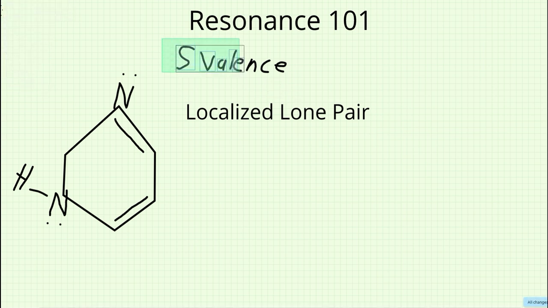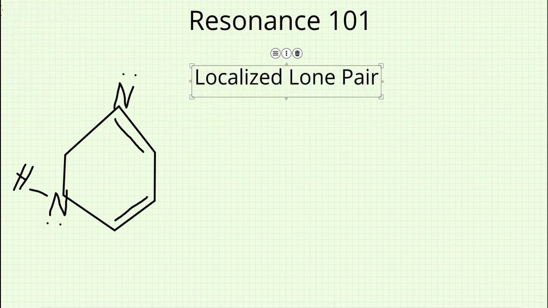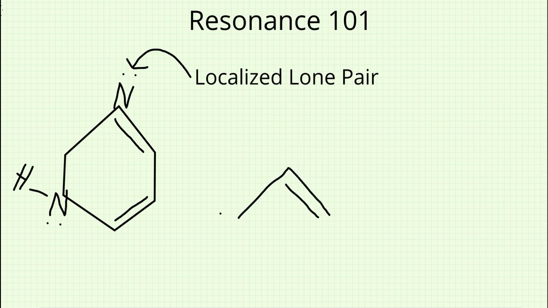And you might be wondering, why is this localized? So essentially, this nitrogen here, I'm just going to draw it out in a more simplified way. So we don't need to draw everything else.